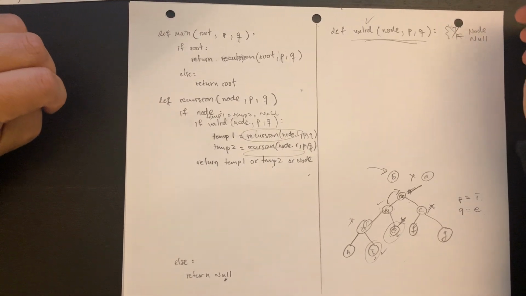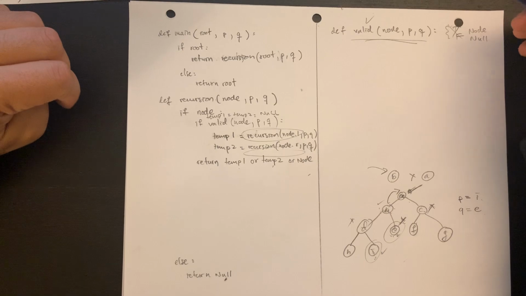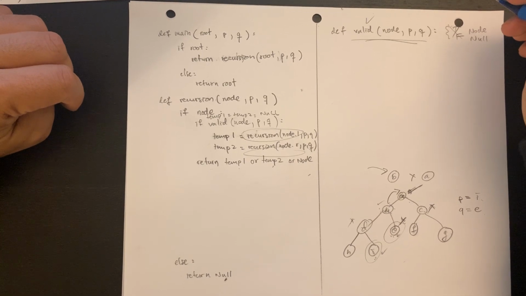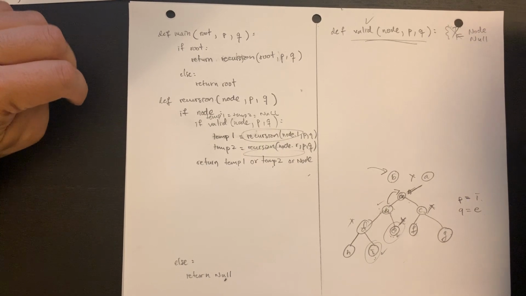So for the wallet function, I need to traverse left and right.